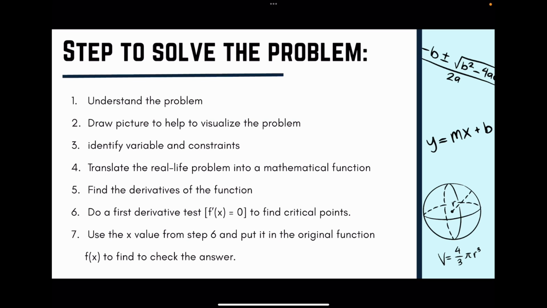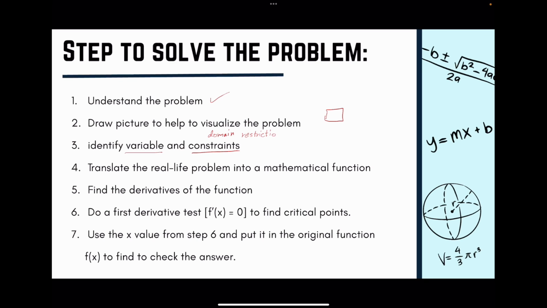It's simple. Here are some steps to help you solve the problem. First, you need to understand the problem. That's step 1. Then you can draw a picture, like diagrams or something, to help you visualize the problem. Then step 3, you need to identify the variables and the constraints, like domain or restrictions.